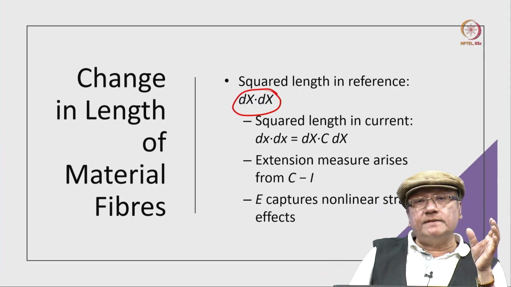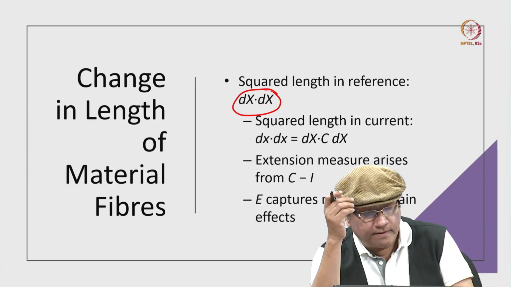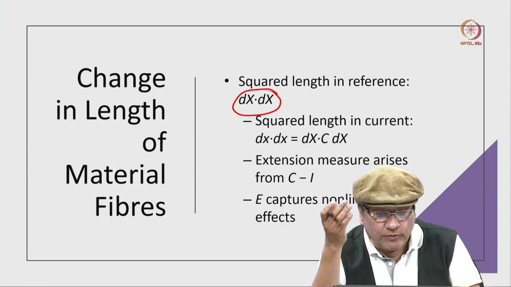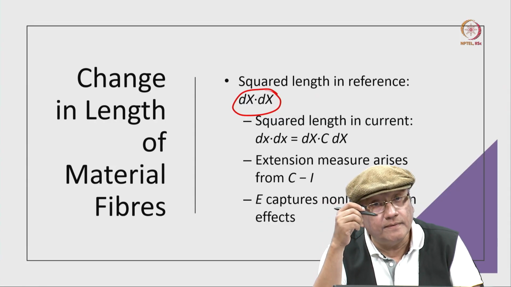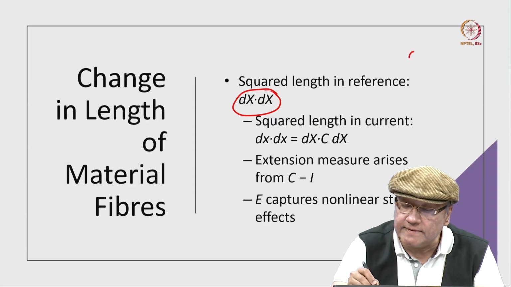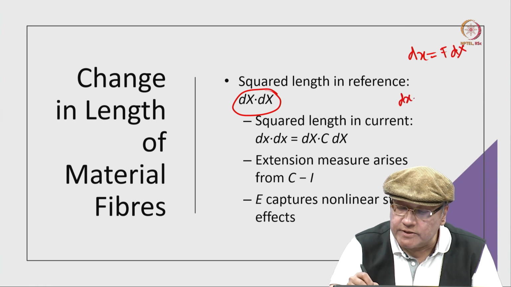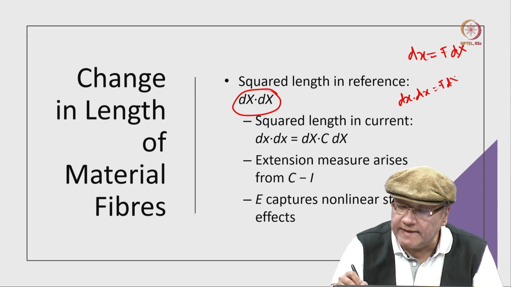D capital X is a small line element. Now consider under the image of F what happens in the deformed configuration. We already have seen that d small x is equal to F d capital X, right. So d small x dot d small x will be equal to F d capital X dot F d capital X, right.